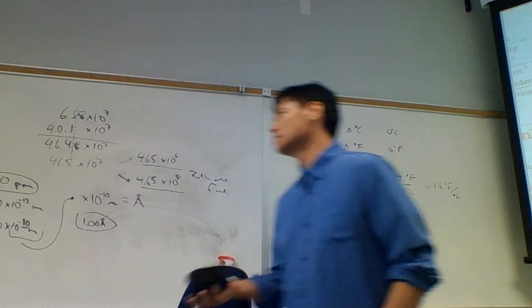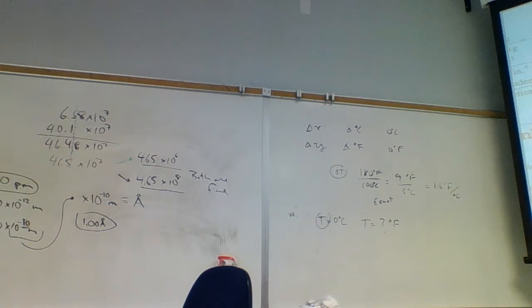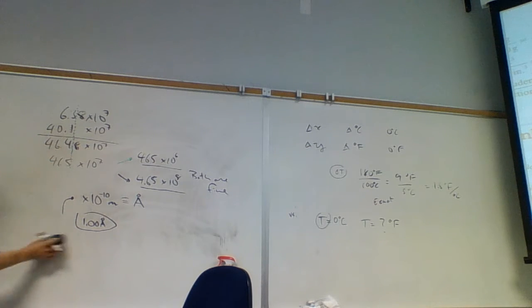So for example, let's look at some conversion factors here. So we know this one, 1 inch for every 2.54 centimeters, or 2.54 centimeters for every 1 inch.